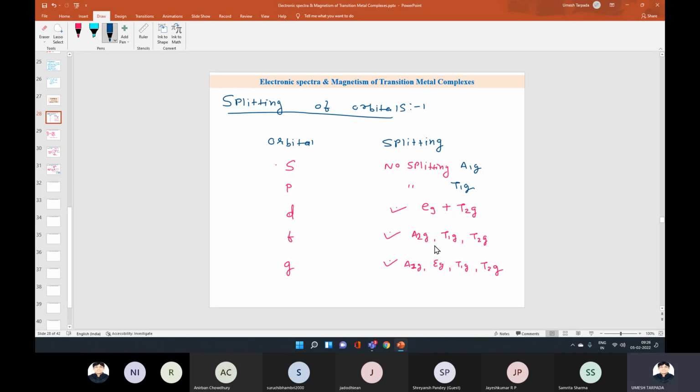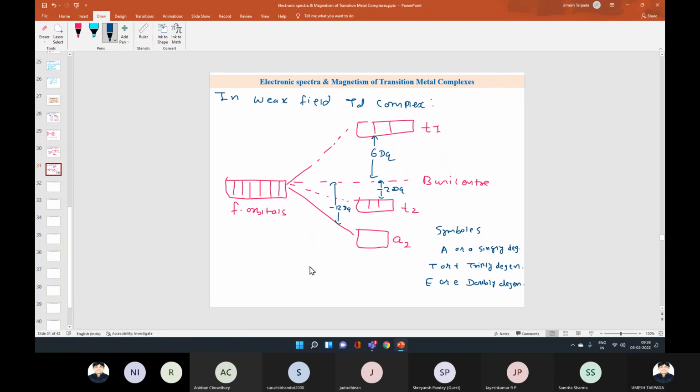Then F term is T1G, T2G, and A2G, and G term is A1G, EG, T1G, and T2G. You can also write capital S, capital P, capital D, F, and G. So this is the result, and it is very useful to construct the diagram.